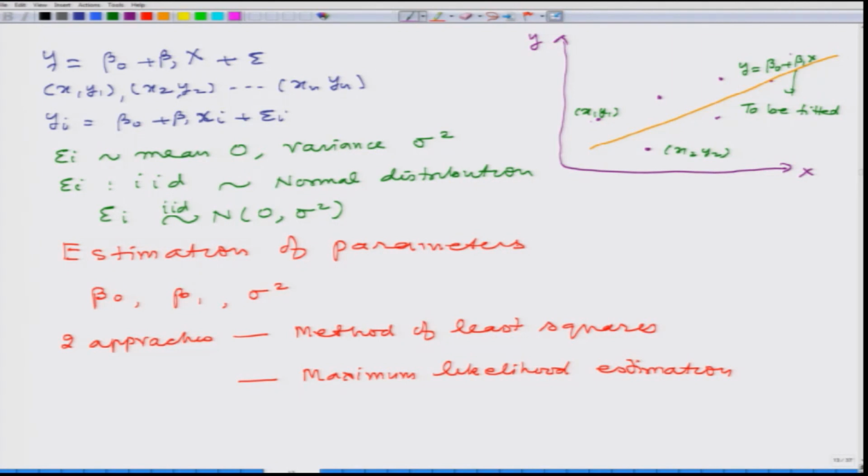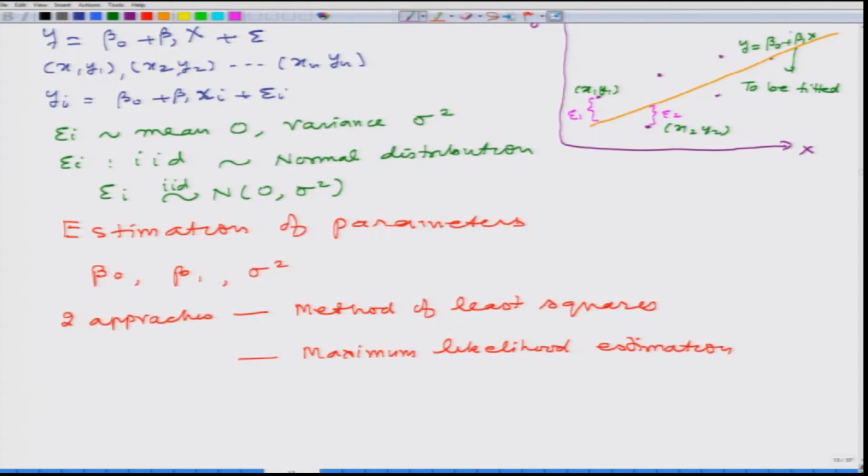Now, in this graphic, we had said this is my random error involved with the first observation, denoted as epsilon 1, and similarly this is my epsilon 2 and so on. In every observation I have some random error. Now, the principle of least squares says that I would like to find this line, this orange line, in such a way that these random errors are minimum and most of the points are lying exactly on the line.